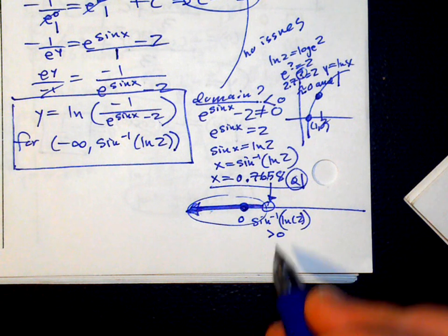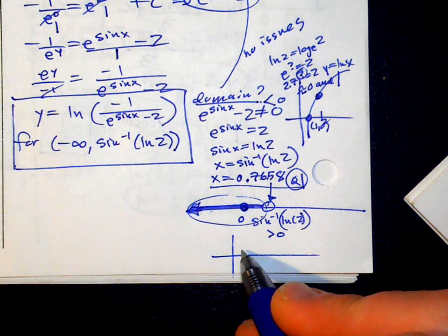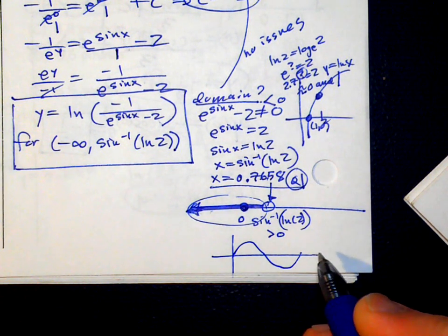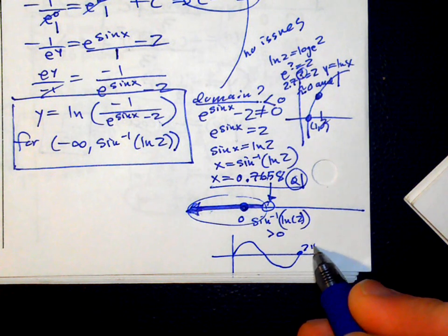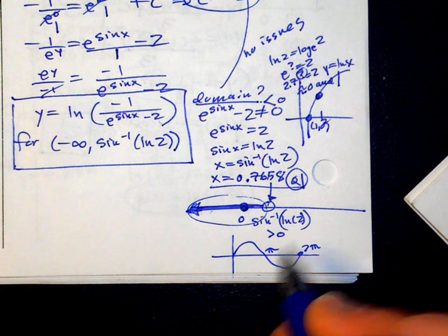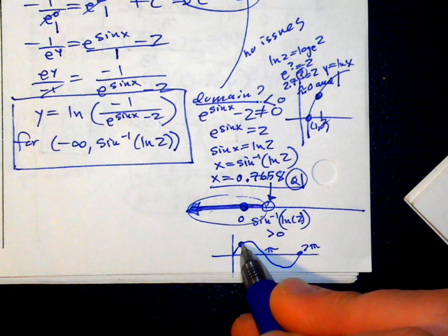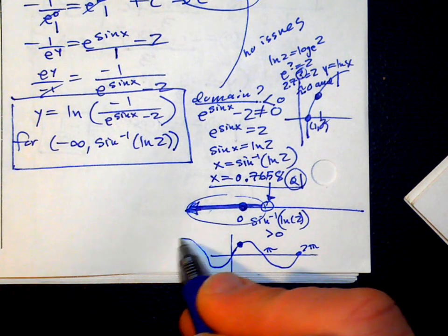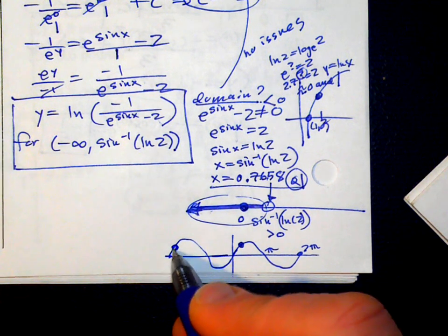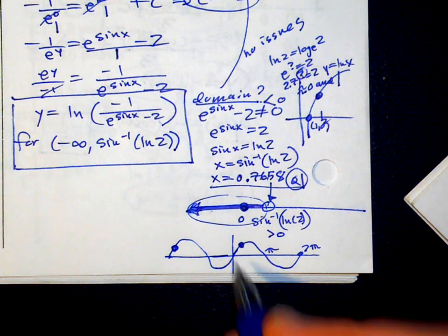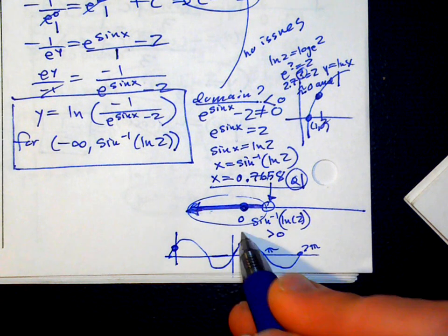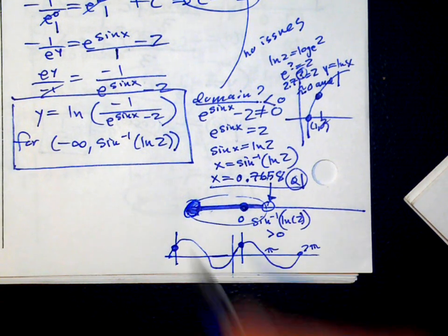If I was showing you guys a little graph of the sine curve, and this is 2 pi, this is pi, which is about 3 point whatever. So this is right around here. But remember, the graph keeps going, and it hits that value again back here. So I think we have to break it up there also. We need another open dot.